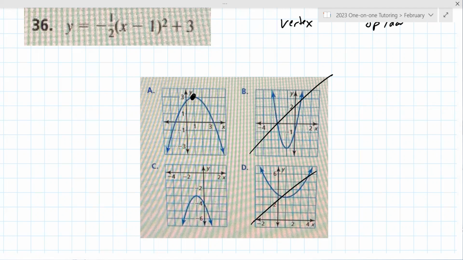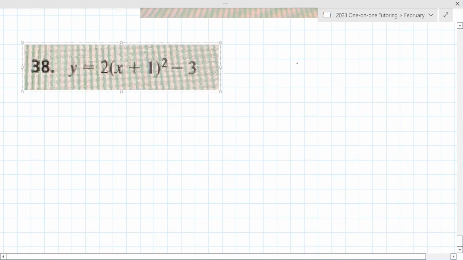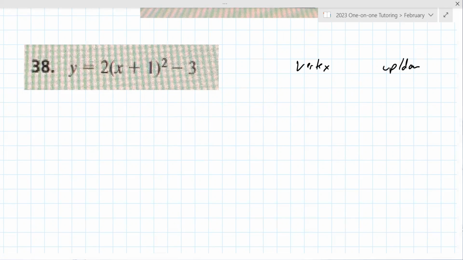This is like an SAT, ACT type thing. So let's look at 38 now. Again, I want you to find the vertex and whether it opens up or down. It opens up and the vertex is -1, -3.